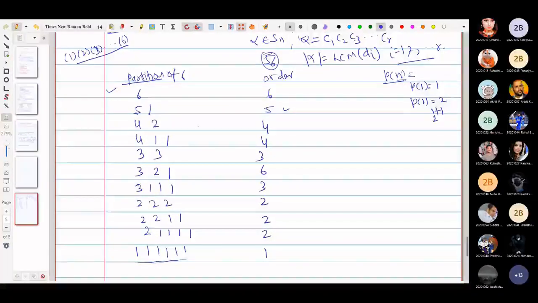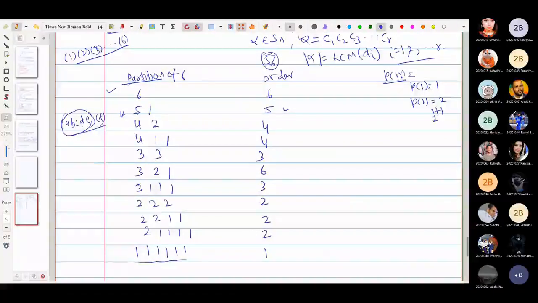For example, if you have one cycle of length 5, A, B, C, D, E, and one single cycle, the cycle length is 5, so the order of this permutation is going to be 5.